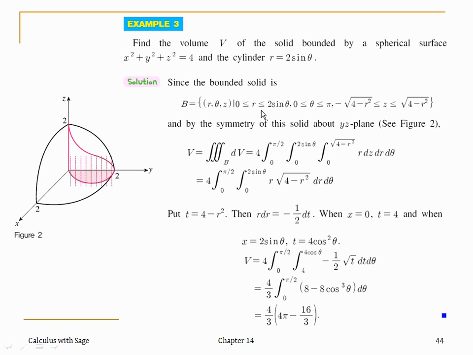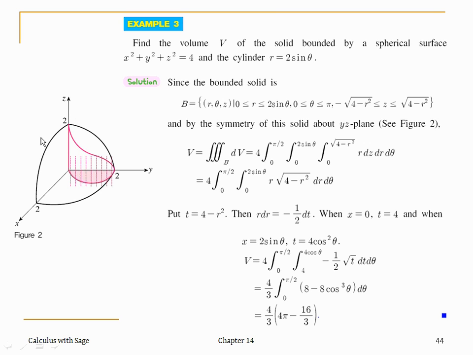And r from 0 to 2 sine theta, and z is from 0 to the square root of 4 minus r squared. So, okay, now we have cleared up what integrals we should do.